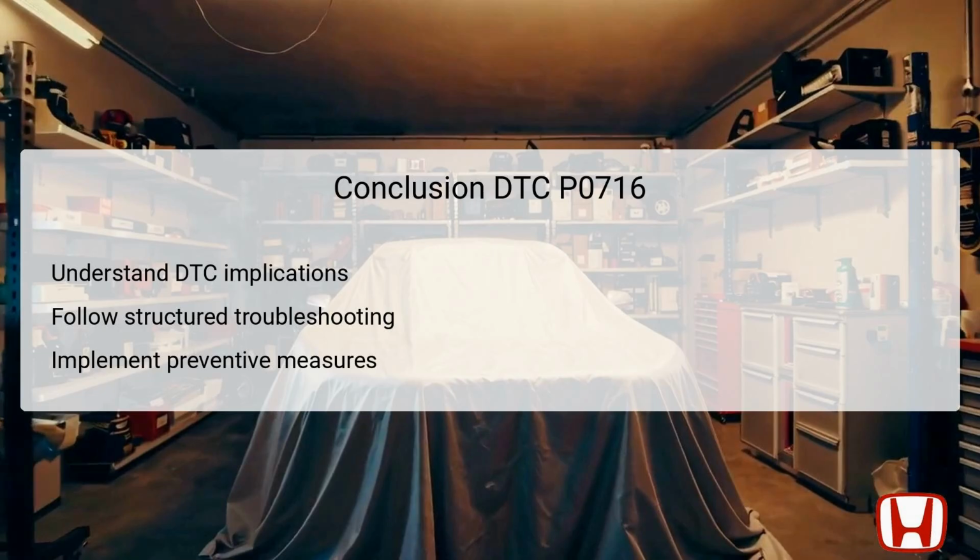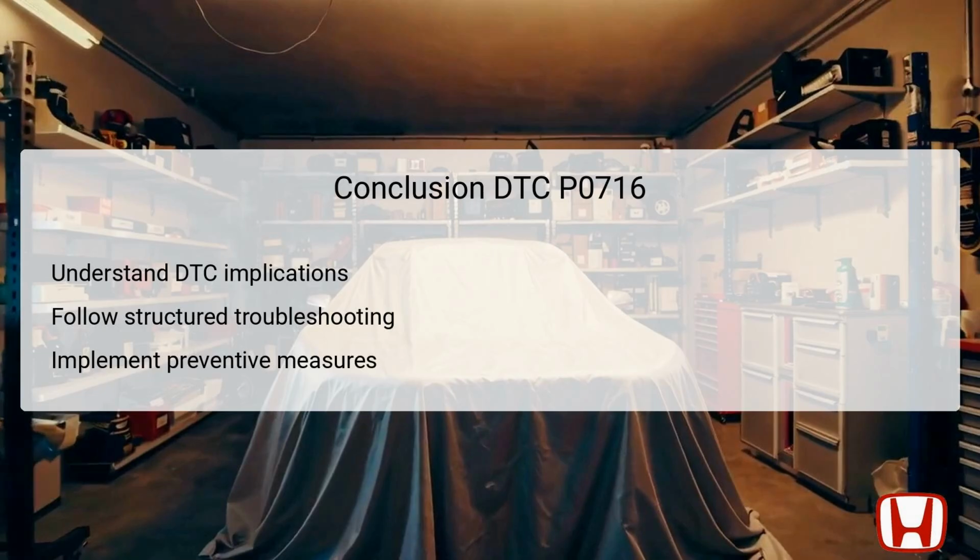Following a structured troubleshooting approach allows technicians to systematically isolate and repair electrical problems linked to the input shaft speed sensor. Monitoring the vehicle for symptoms such as erratic transmission behavior and conducting regular checks of connections and installations plays a critical role in maintaining performance.